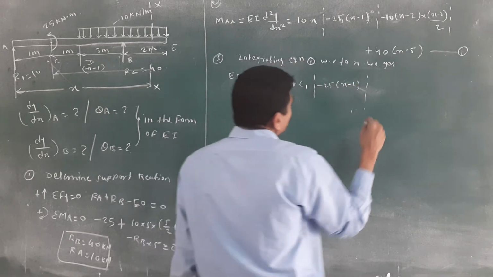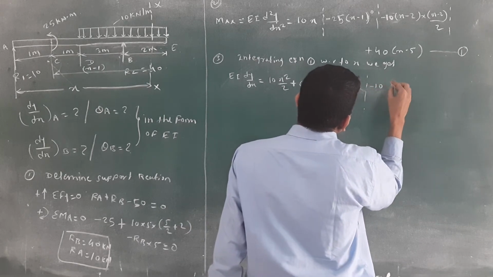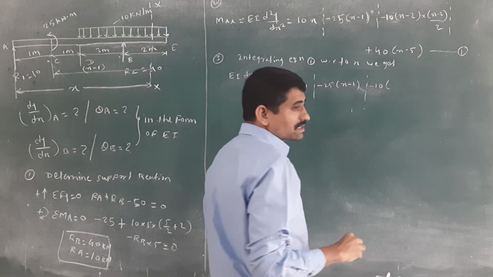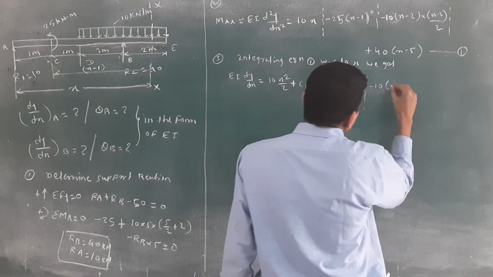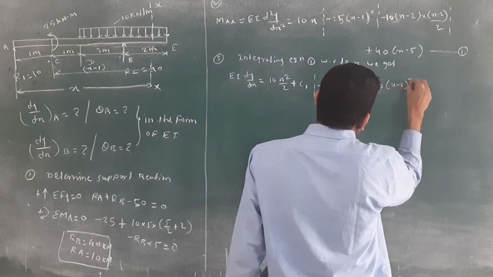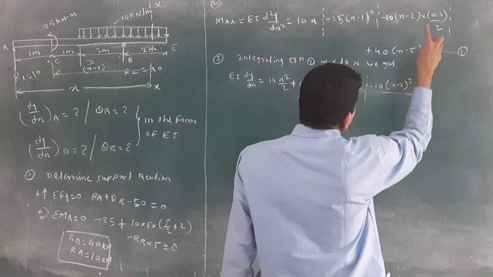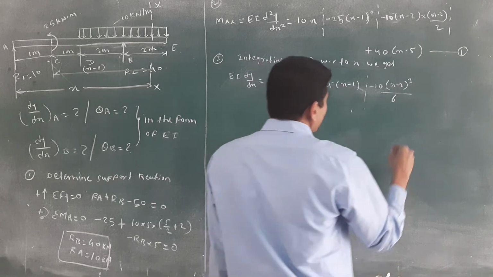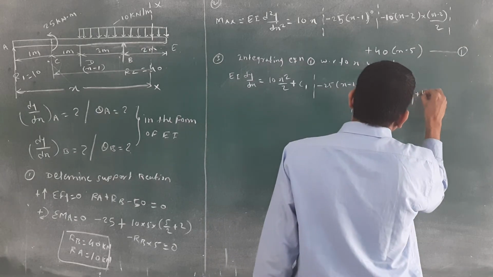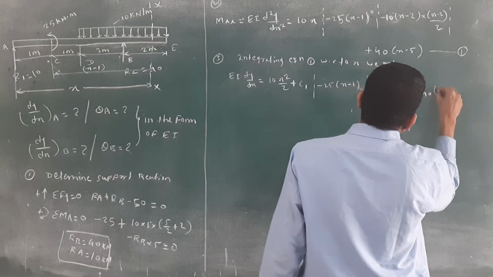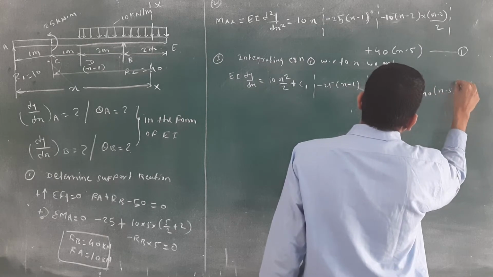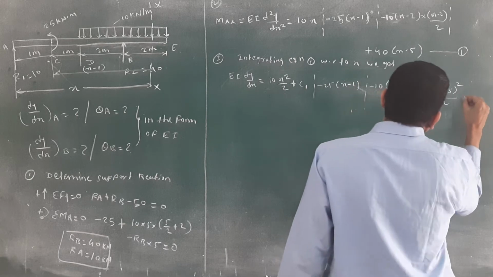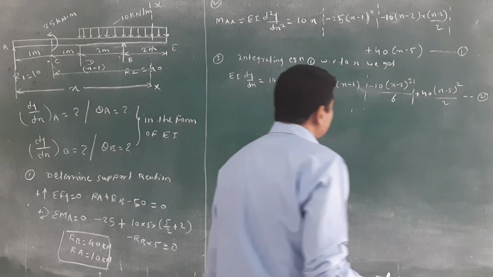Then minus 10 into (x minus 2) into (x minus 2), means (x minus 2) square; if you take the integration, (x minus 2) cube divided by 6, 2 into 3 is 6. Then again plus 40 into (x minus 5) to the power 1 plus 1, divided by 2. This is equation number 2.